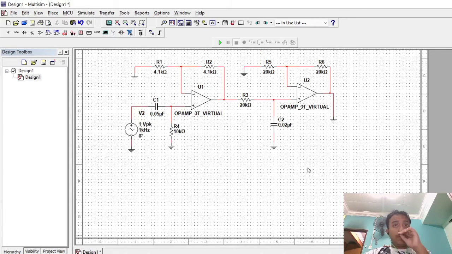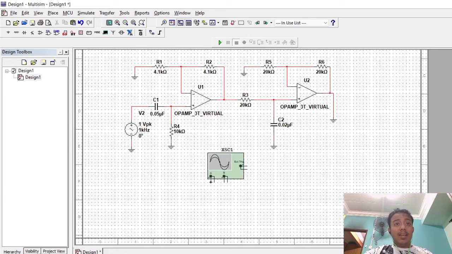Today I will present my part, which is circuit simulation. Our circuit has two operational amplifiers, one voltage source, resistors and capacitors. At first, if we want to show the input signal, we must use the oscilloscope.